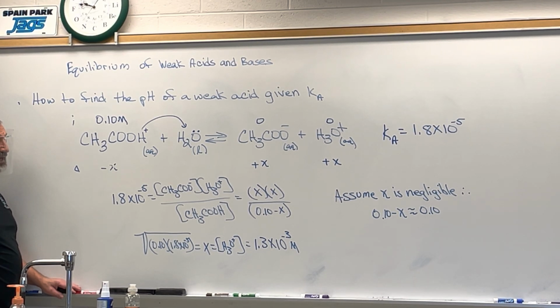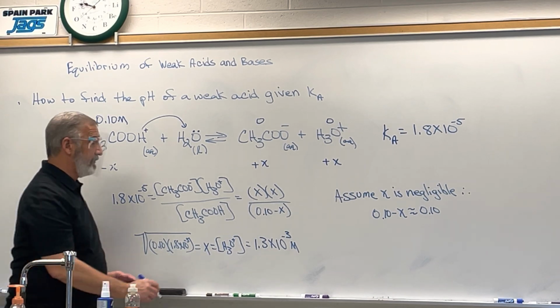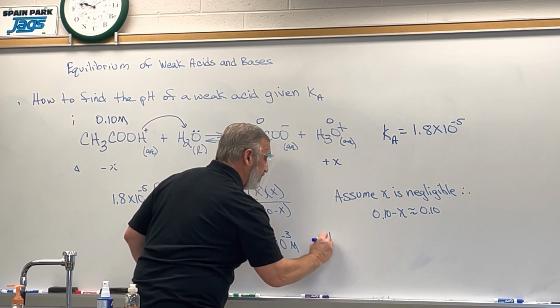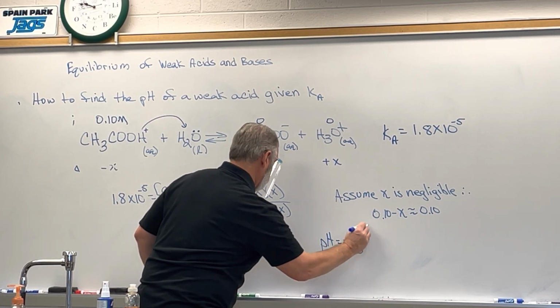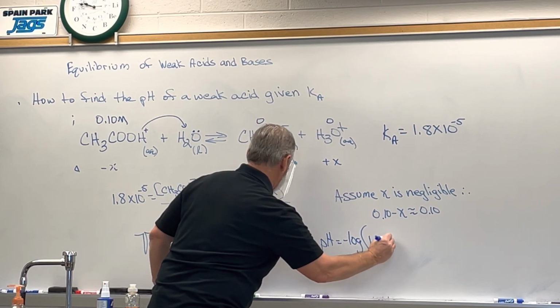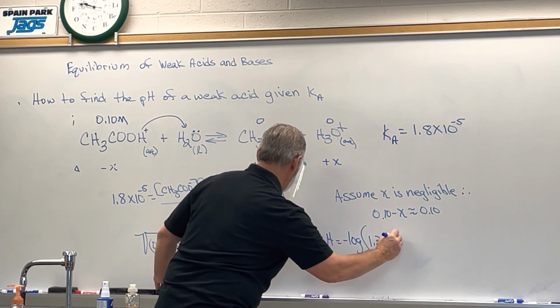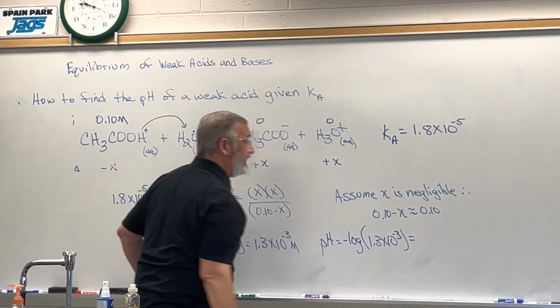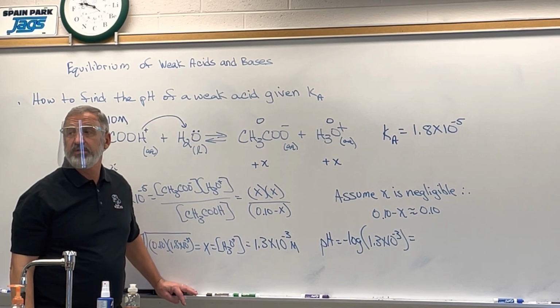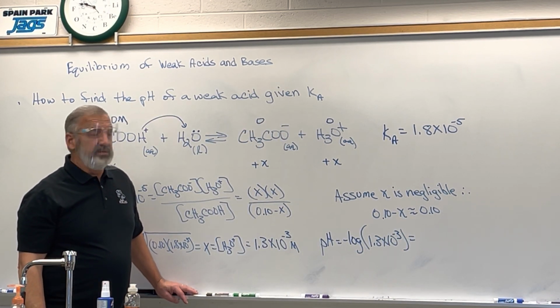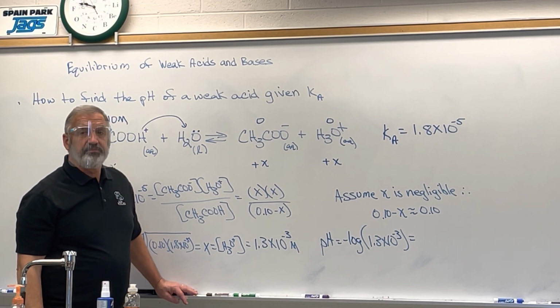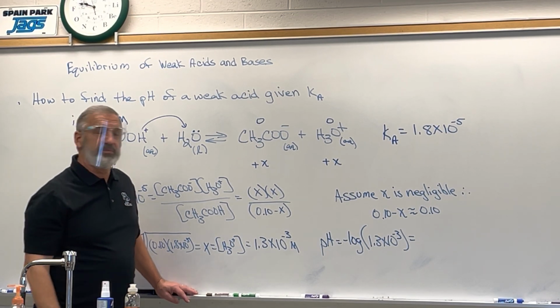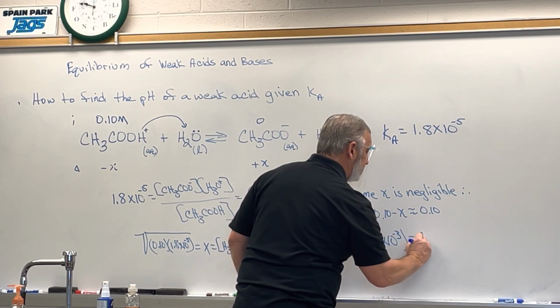So how do I find the pH of this? The pH is equal to the negative log of 1.3 times 10 to the minus third, and that equals 2.87.